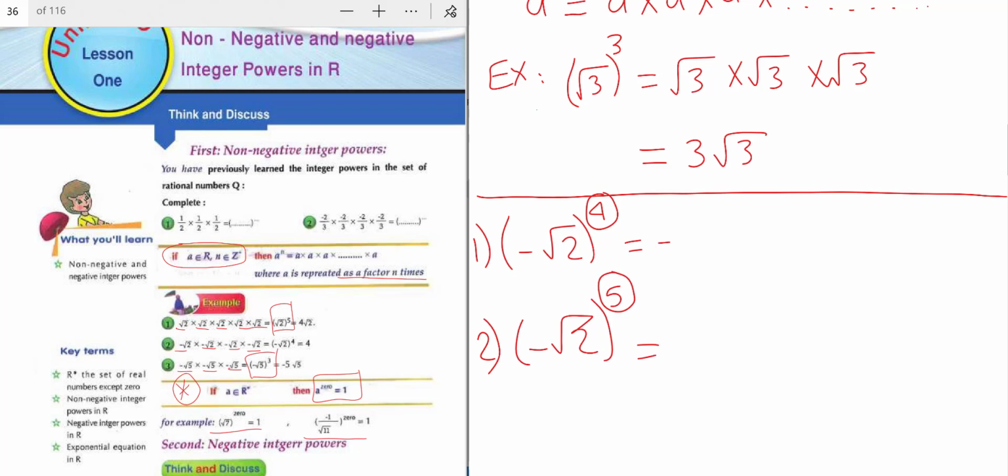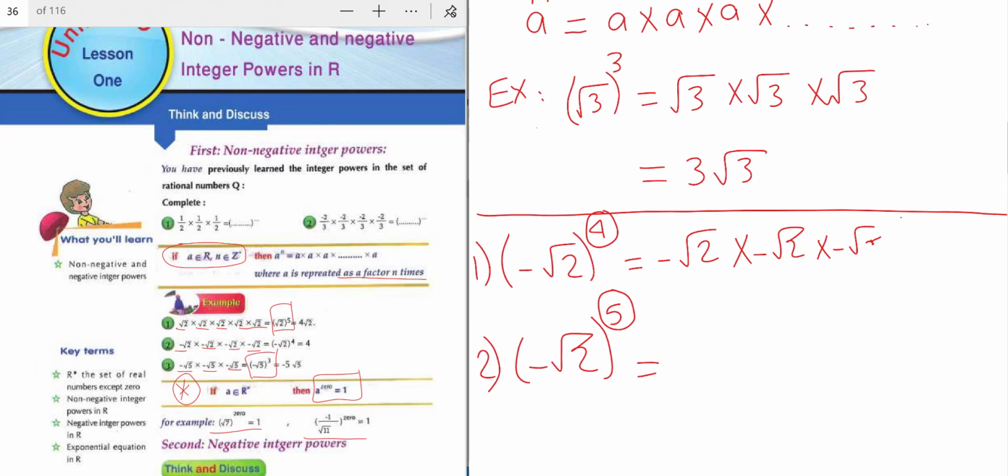At first, it becomes negative root 2 times negative root 2 times negative root 2 times negative root 2, repeated 4 times. It becomes positive. Negative times negative equals positive.